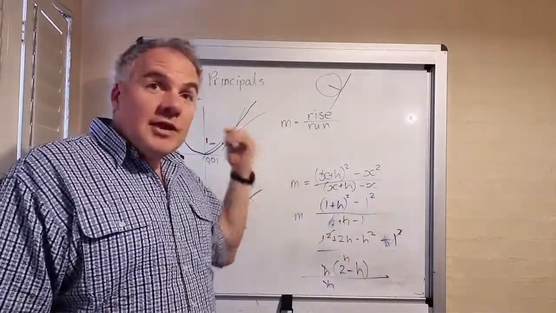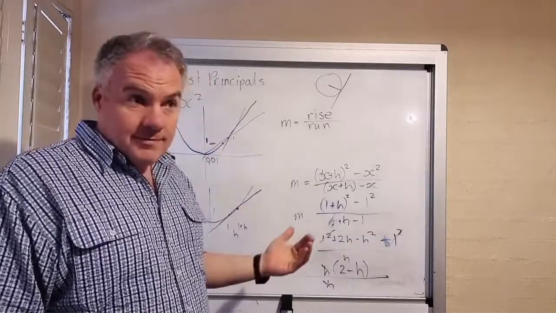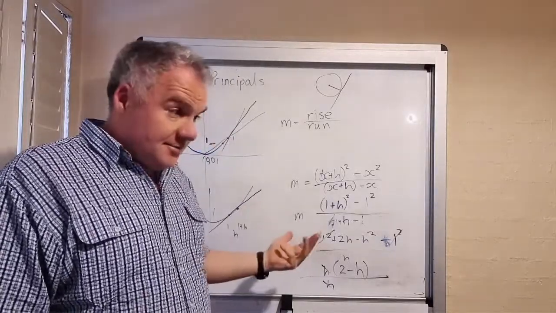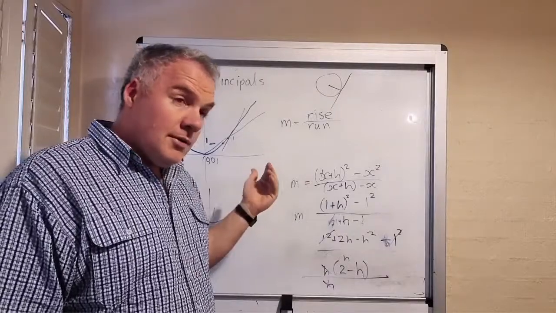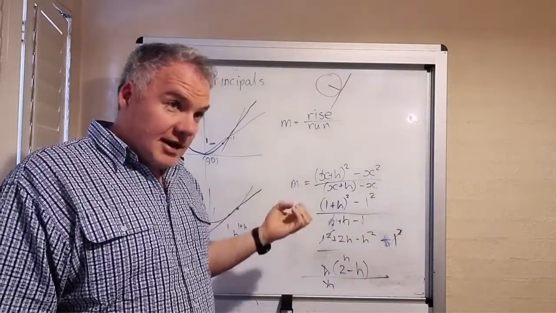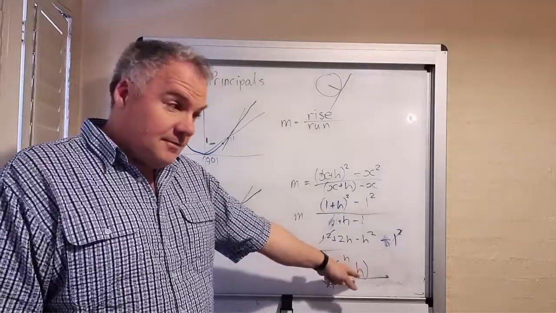Okay? For every unit you go across of h, you're going to go up 2 and across the extra h, or 2 plus that h.